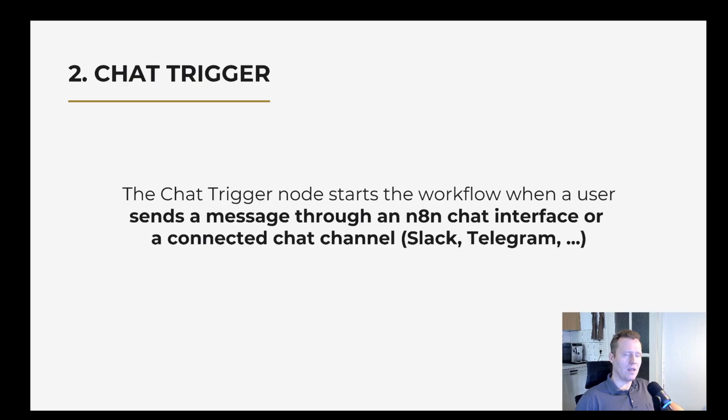So this could mean that we chat with the workflow directly, or that we receive a chat message, for example, from a connected chat channel like Slack, Telegram, WhatsApp, etc. So let's have a look.